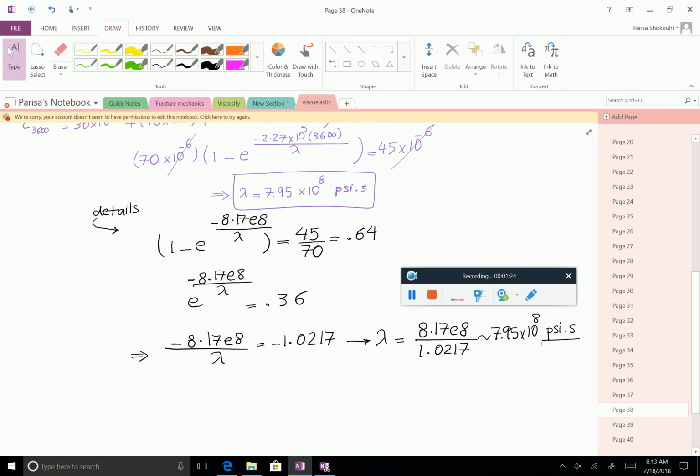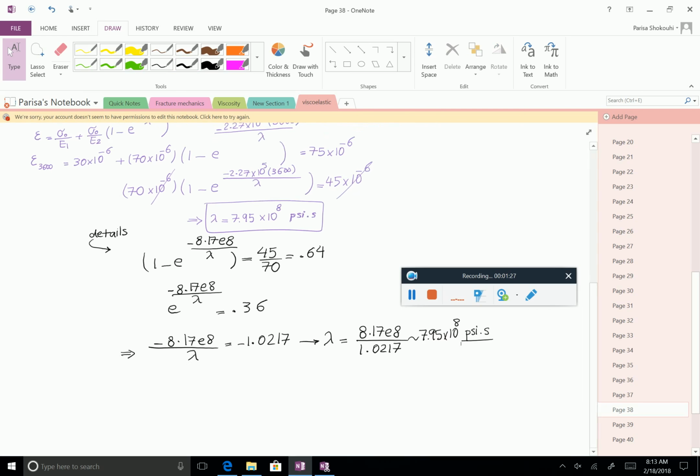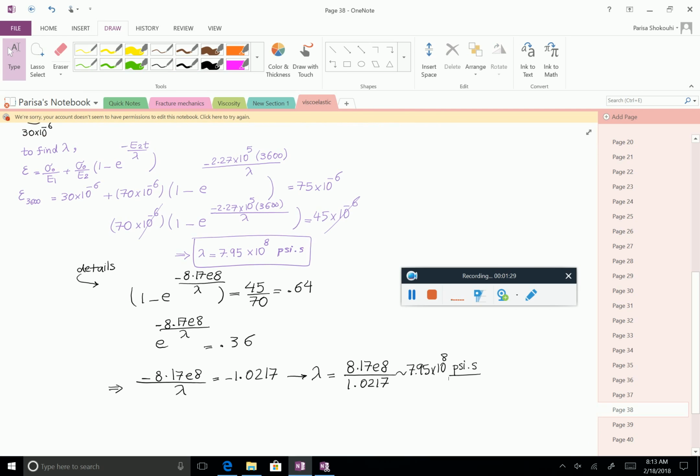Okay, so this is for some of you who may not remember these details from calculus.